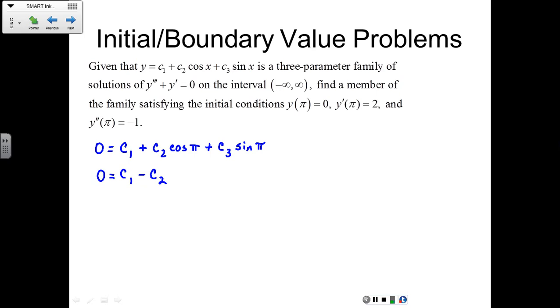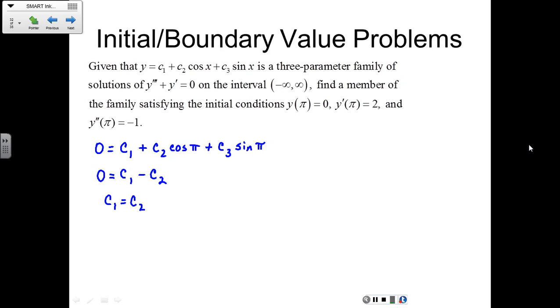So that's going to become 0 right there. So my first equation tells me what? C1 minus C2 is equal to 0. What can you conclude from that? They equal each other. They're the same. C1 equals C2. So let's leave that alone and use that fact later.